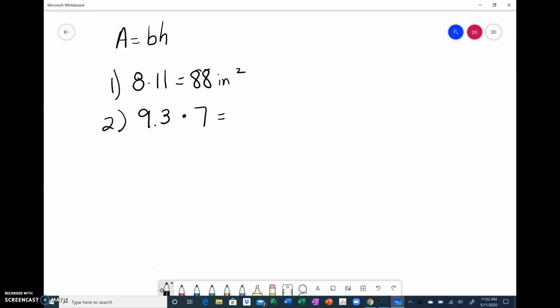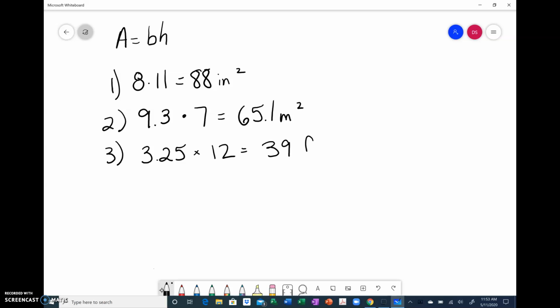And without a calculator, you would get 65.1, and we're in meters this time, so meters squared. And then for number 3, you would multiply 3.25 times 12. And the answer should be 39 feet squared. Okay, those are 3 pretty easy ones.